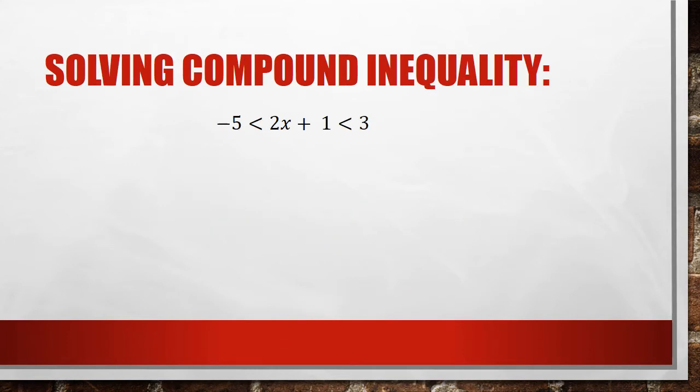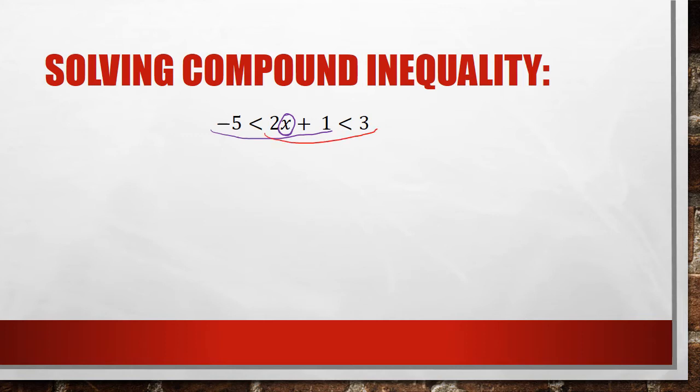Now let's take a look at this compound inequality. We have negative 5 less than 2x plus 1 less than 3. To solve this compound inequality, the main goal is to have x in the middle by itself, isolate the x in the middle by itself. If we look at this compound inequality, we see that we have one simple inequality connected with a second simple inequality on the right.